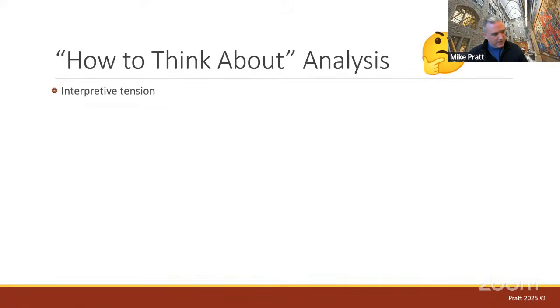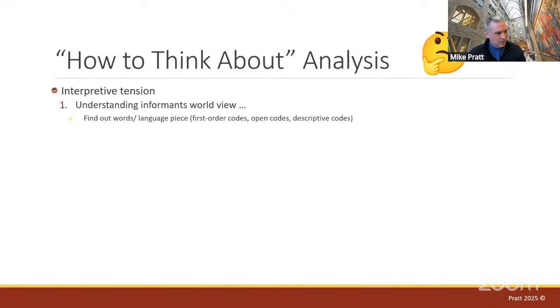Let's talk about how you think about interpretation. I have 2 points to end the talk on. One is, when I think about analysis, what's my goal here? I think when you think about analysis, there's a fundamental tension. The first is I have to understand what my informant's worldview is. That's essential, and you do that by finding out what words mean and what language means.